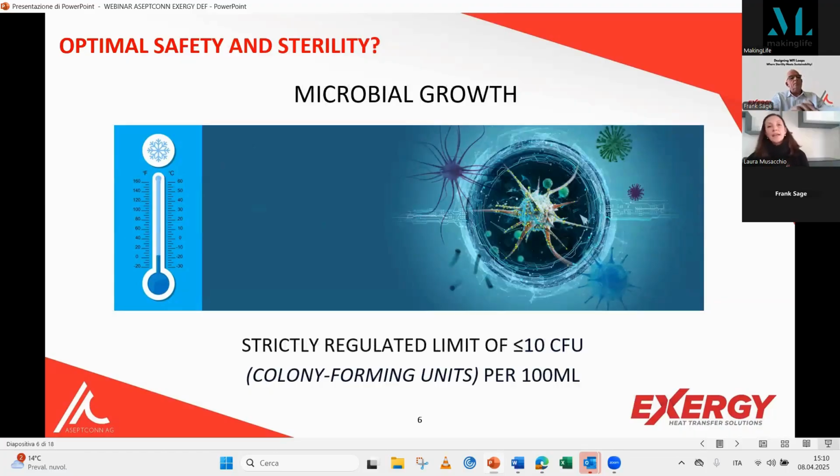So, are we able to guarantee optimal safety and sterility at the same time? This is the topic of this line of discussion, considering that in order to respect the requirement, we have to guarantee that the limit of colony forming units for water for injection is less than or equal to 10 per 100 milliliters.